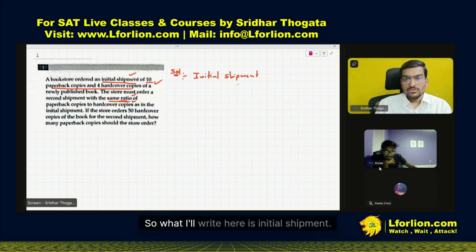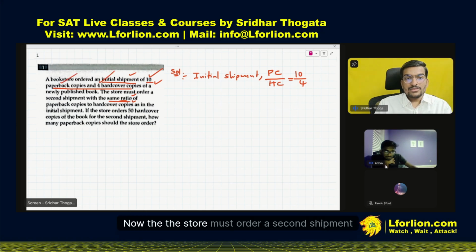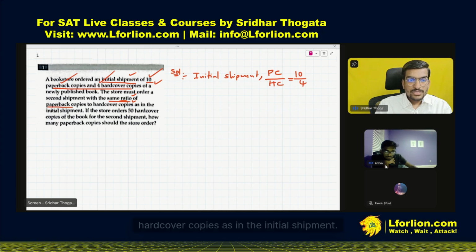So what I'll write here is initial shipment, PC to HC, paperback copies to hardcover copies, that equals 10 by 4. 10 paperback, 4 hardcover. Now the store must order a second shipment with the same ratio of paperback copies to hardcover copies as in the initial shipment.